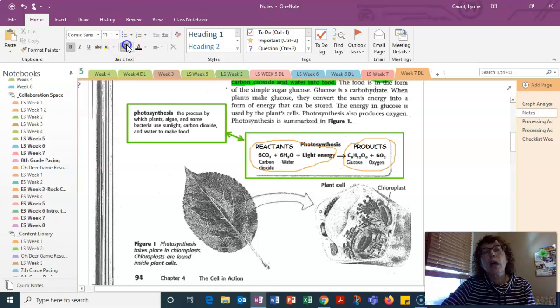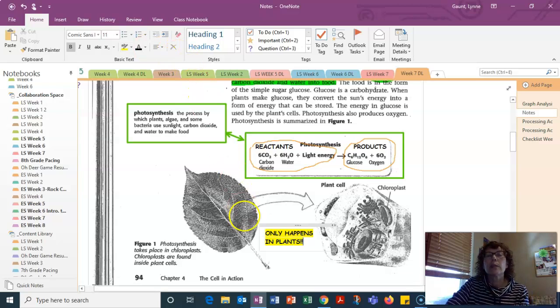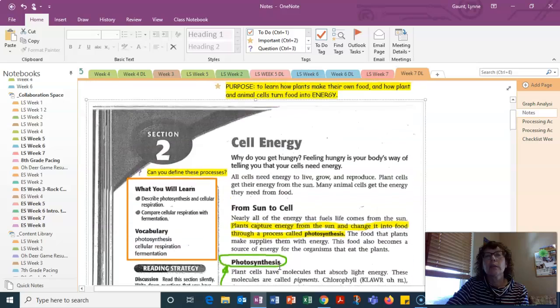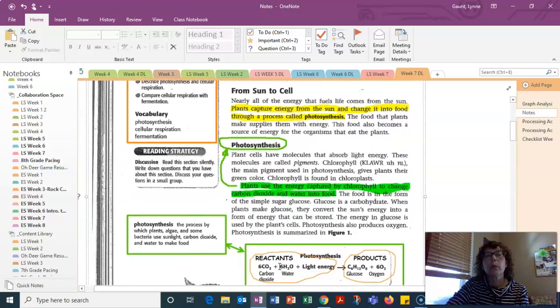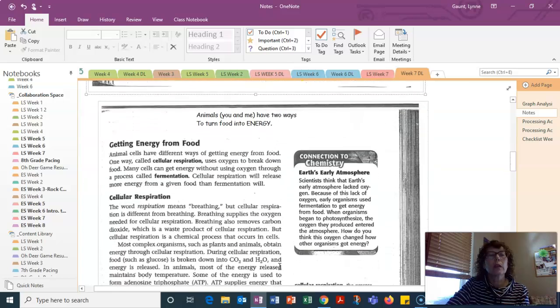And I'm going to choose highlight, and I'm going to type, in all caps, only happens in plants. Photosynthesis only happens in plants. Alright, so we highlighted some things, we gave ourselves a purpose, we drew things on our picture, and now it's time to move on to page 2.